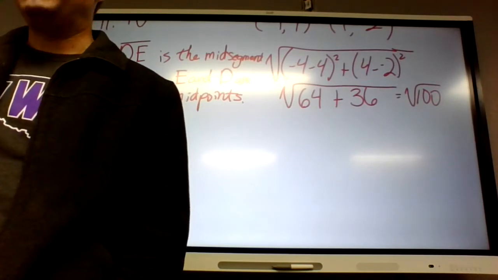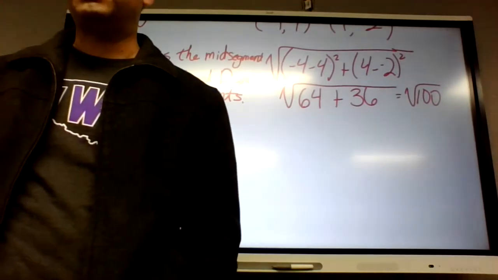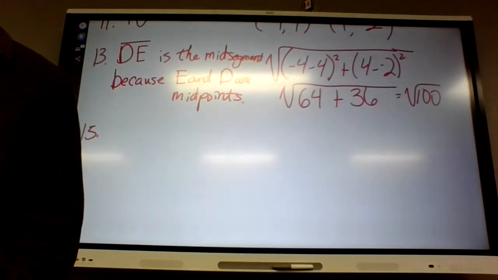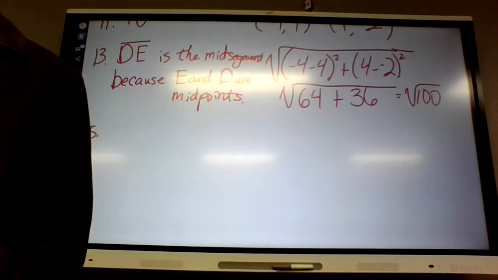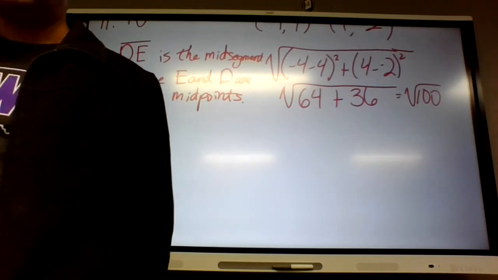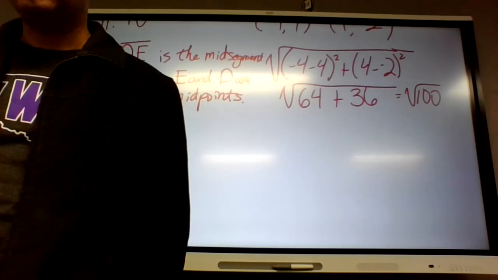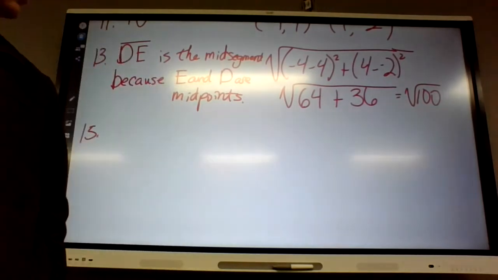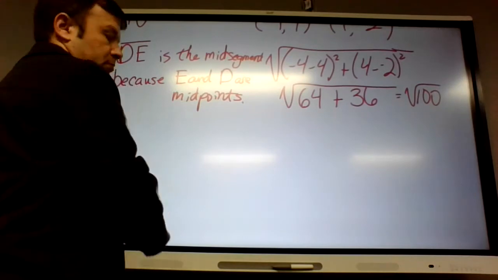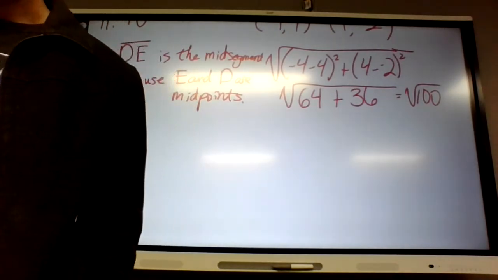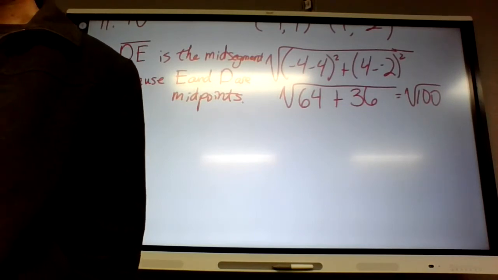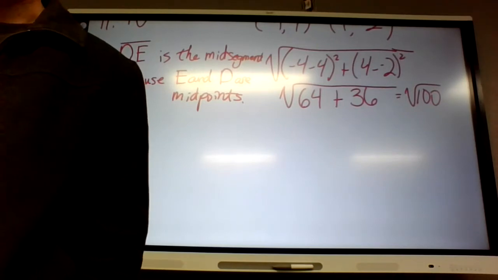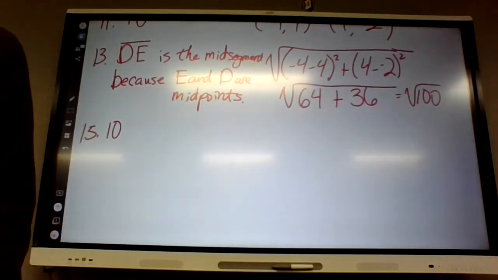It's the mid segment times 2. So what's the mid segment that goes with XY? SR, the 5. So XY has to be twice that, so it's 10. All of those lines in the middle are going to be half of the side that they're parallel to.